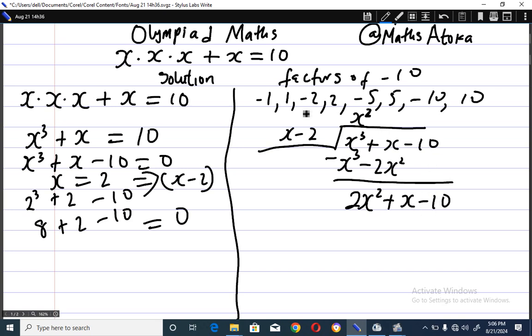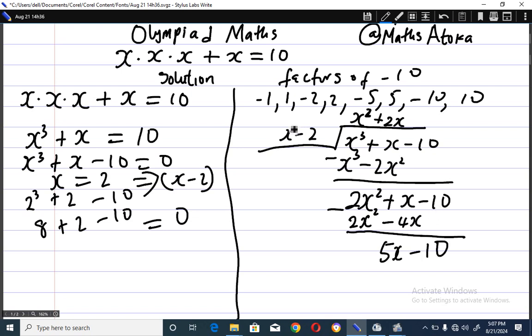So now divide again. When this is divided by this, I'm going to have plus 2x here. When this times this, I'm going to have 2x squared, and this times this, minus 4x. So I will now subtract again. This minus this is gone, minus minus is plus, and 1 plus this will give you 5x, then bring down your minus 10.